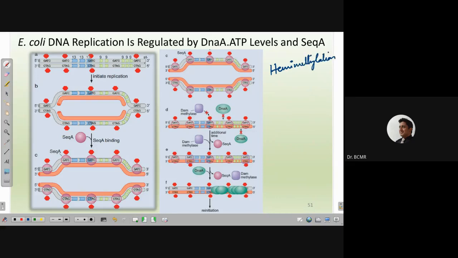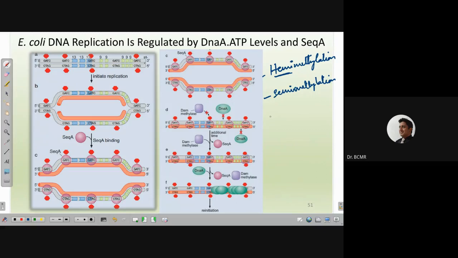What do you suppose would be the difference between hemimethylation and semimethylation? I am telling this only to help you remember what is meant by hemimethylation.